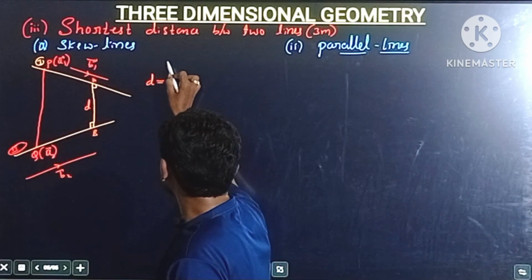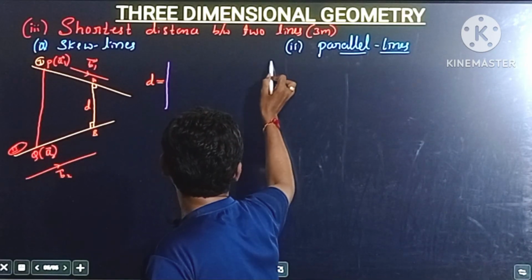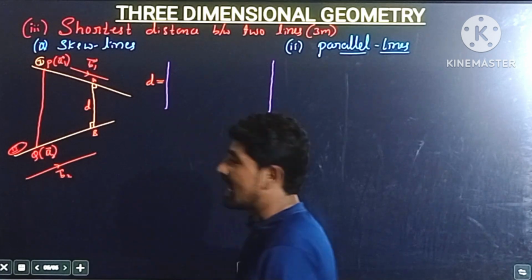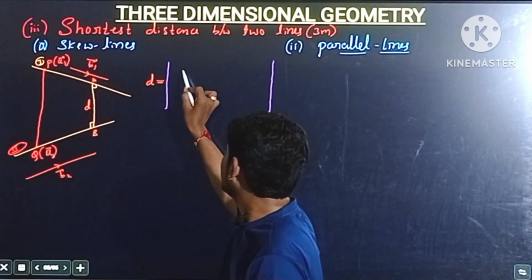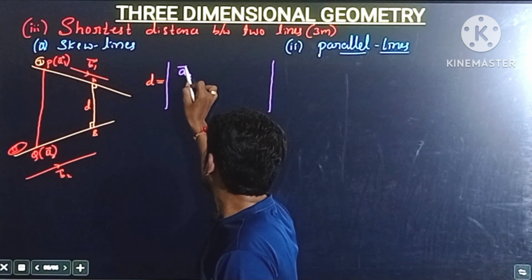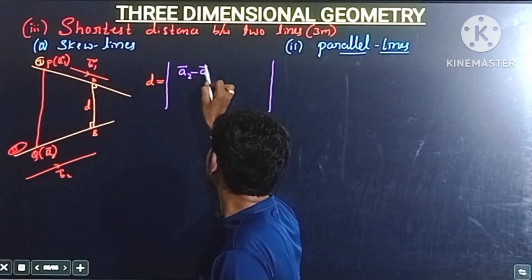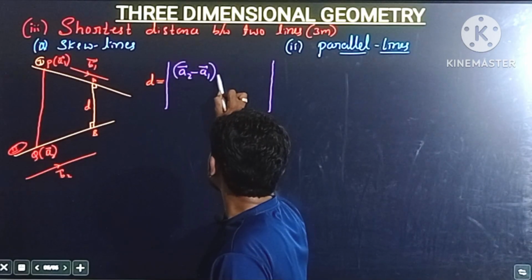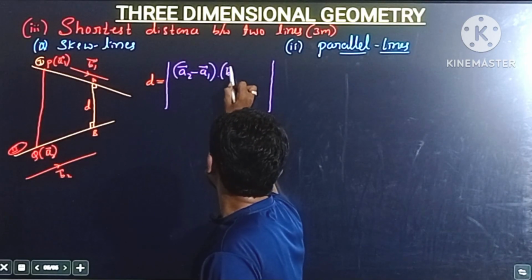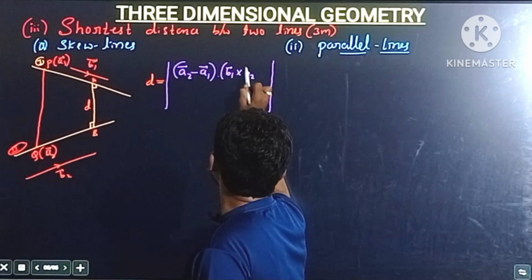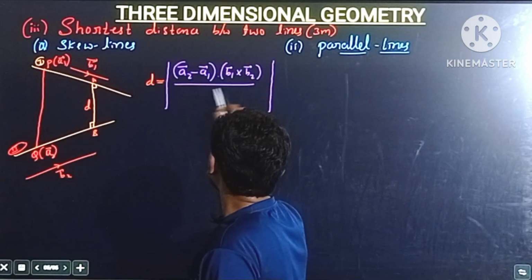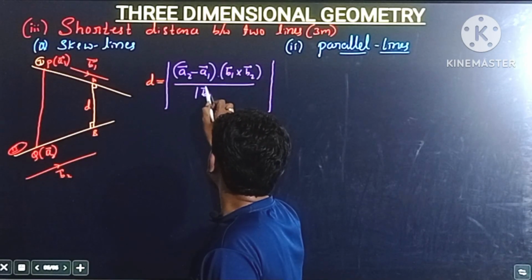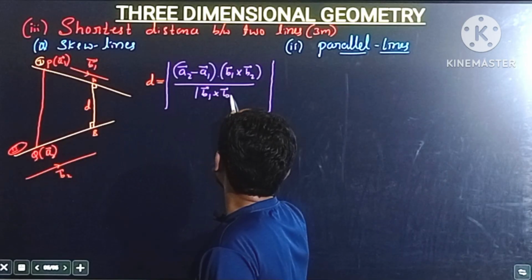D is distance, so distance is always positive, that's why we need to take the modulus. And then the formula is modulus of (A2 vector minus A1 vector) dot (B1 vector cross B2 vector) divided by magnitude of B1 vector cross B2 vector.